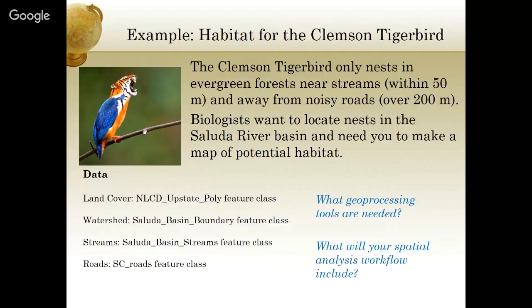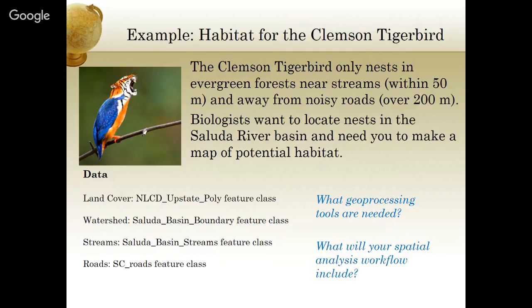It's scared of people. It likes living in evergreen forests. It likes evergreen tree cover. It likes to be near water. Generally find nests within 50 meters of a stream. And it does not like noise, especially not roads. So it tends to be further away from roads.